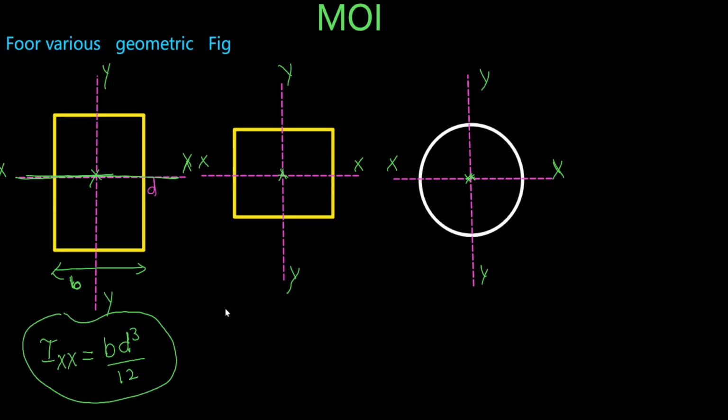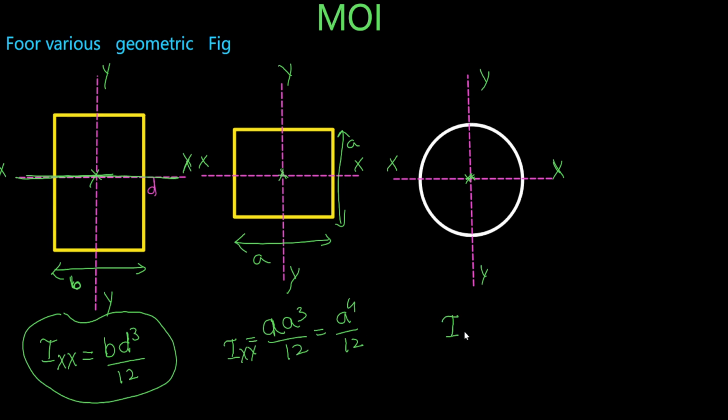For the square similarly, B is equal to D. Here this one is a, this one is also a. So you will write a into a cubed by 12, so it is nothing but a to the fourth by 12, that is Ixx. About the center of the circle, I will write about O, this is the O point.